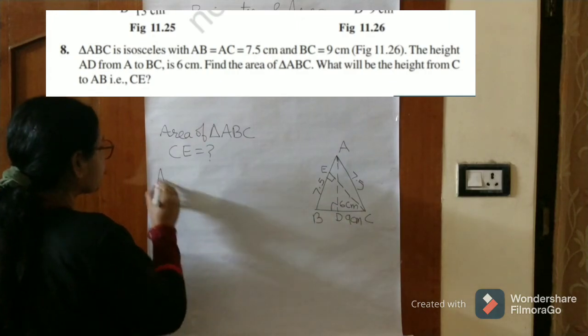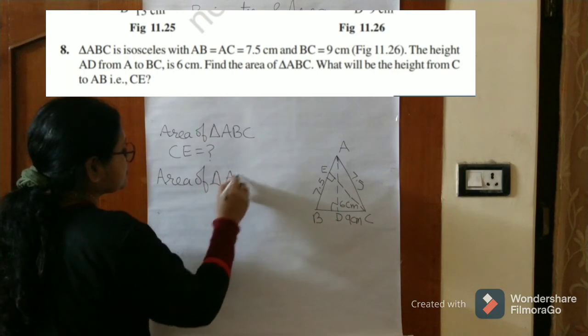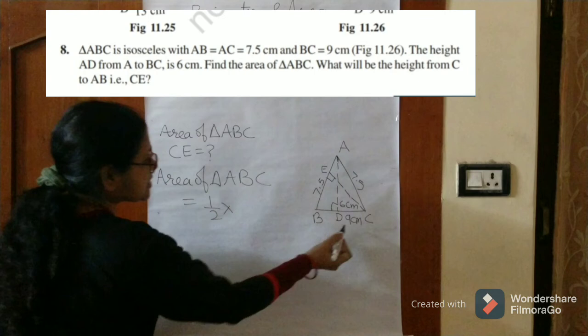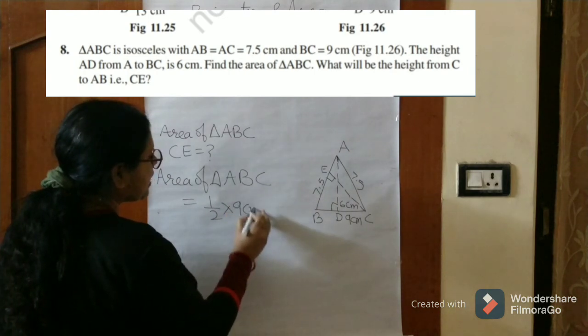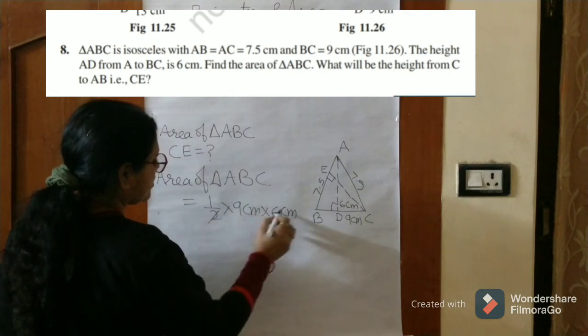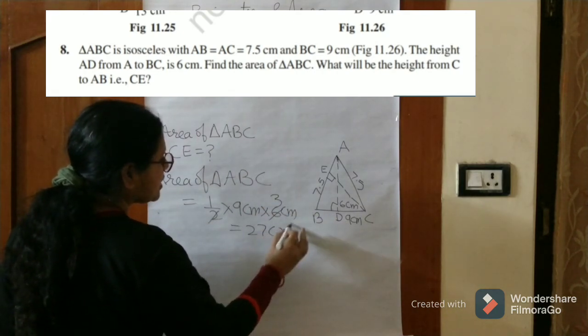So area of triangle ABC is equals to half into base. Base is given 9 centimeter and height is 6 centimeter. That is 27 centimeter square.